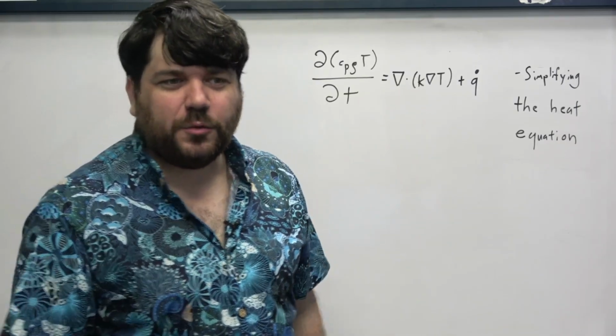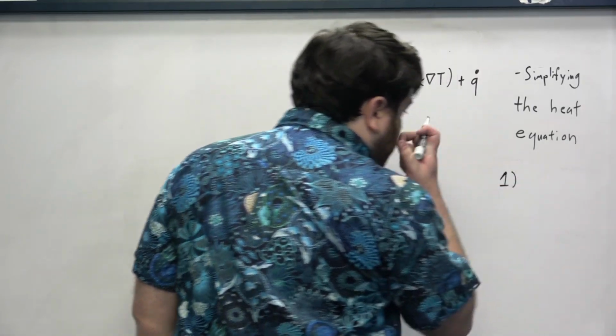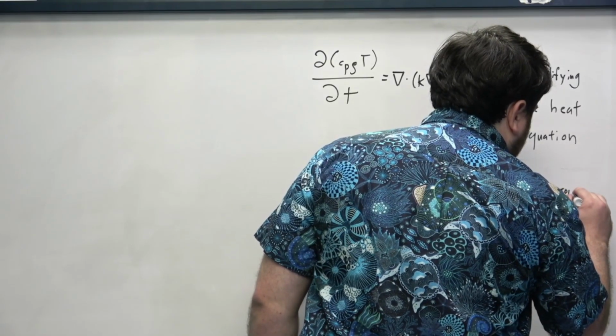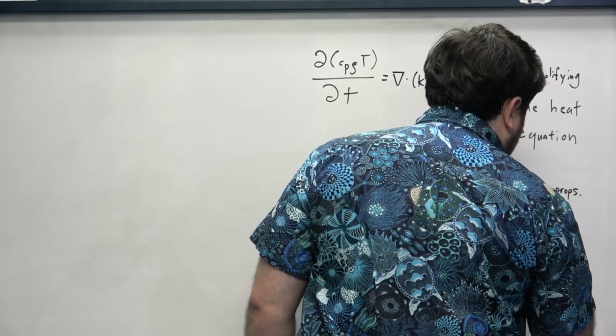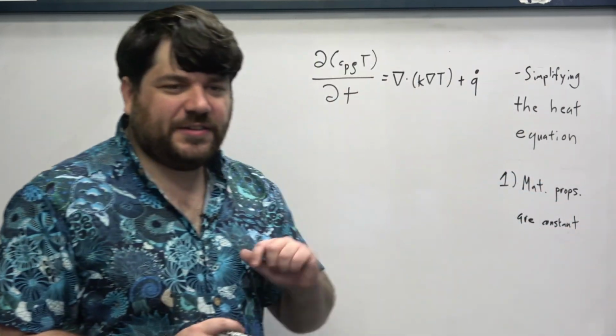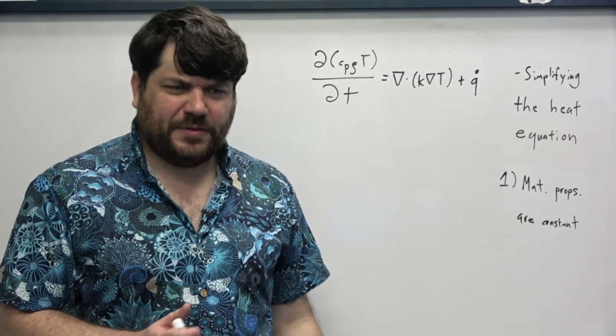Well, here's one thing. One common assumption that is often applied when working with the heat equation is that the material properties of the object that we're considering are constant. And so what do we mean by that?